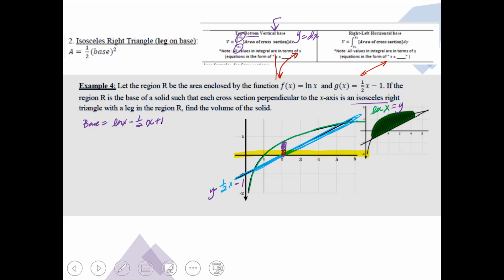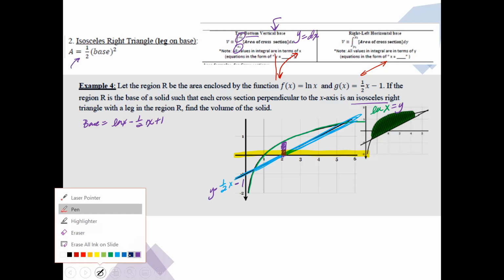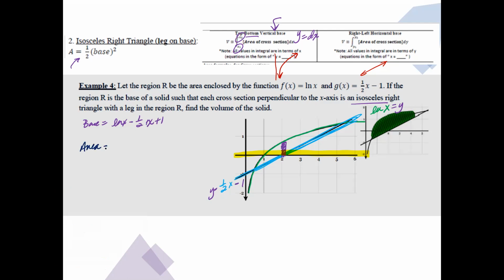And then let's go ahead and plug this into this equation for the area. So your area, remember, is going to be 1 over 2 base squared. So in this situation, it's ln x minus 1/2 x plus 1 squared. So then let's go ahead and plug this into your volume. Your volume formula is going to be integral x1, x2.